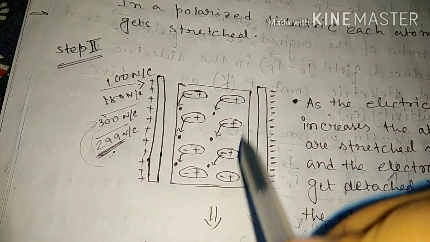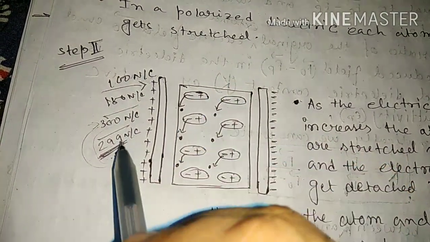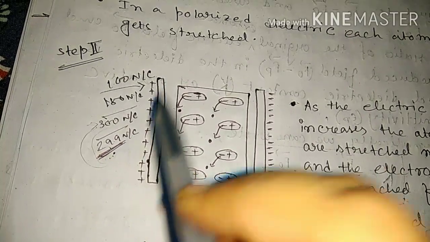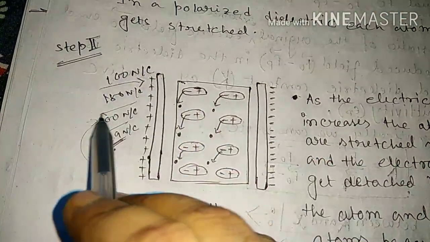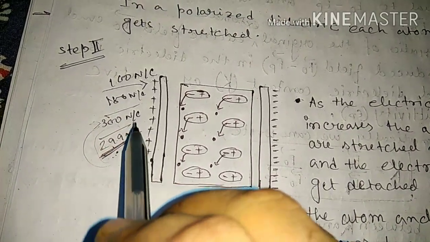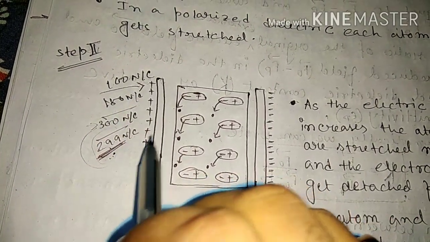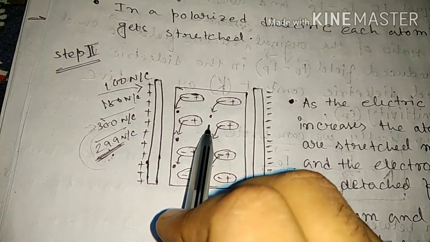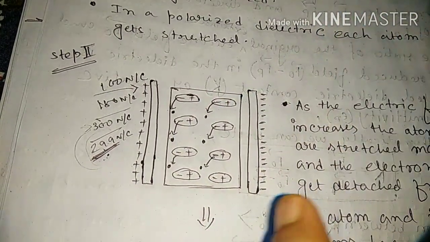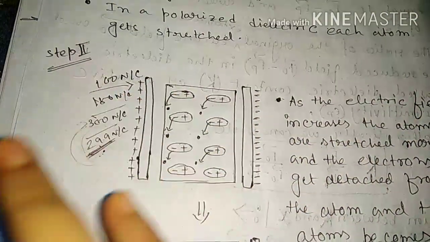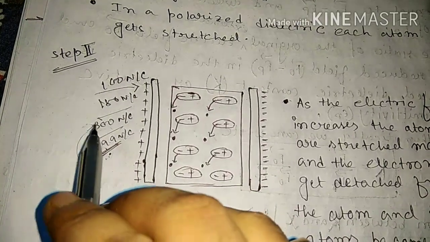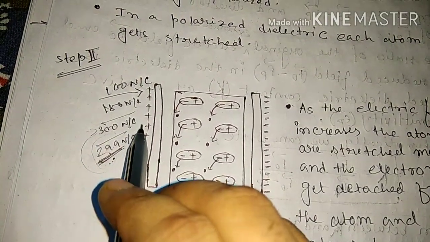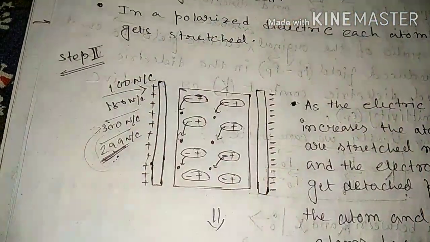So this dielectric has strength when it is placed up to a 299 Newton per Coulomb external electric field. Understood? The maximum value of the electric field intensity that can be applied to the dielectric without its electric breakdown is known as electric strength. So what is the electric strength of this one? It is 299 Newton per Coulomb, because at 300 Newton per Coulomb the electrons get detached from their atoms.